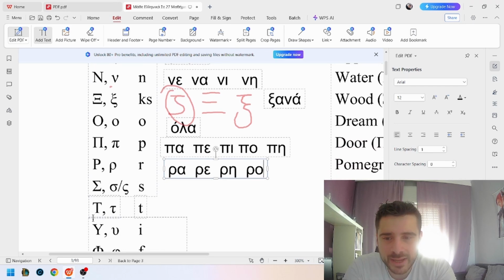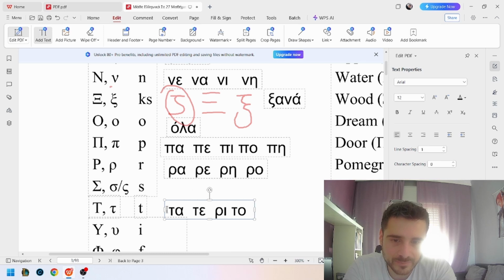Before we see sigma, let's see the tau sound, which is like the English T. It gives us ta, te, ti, to. So try to write on your papers the word tora, which means now. You pause the video, the answer will be like this.